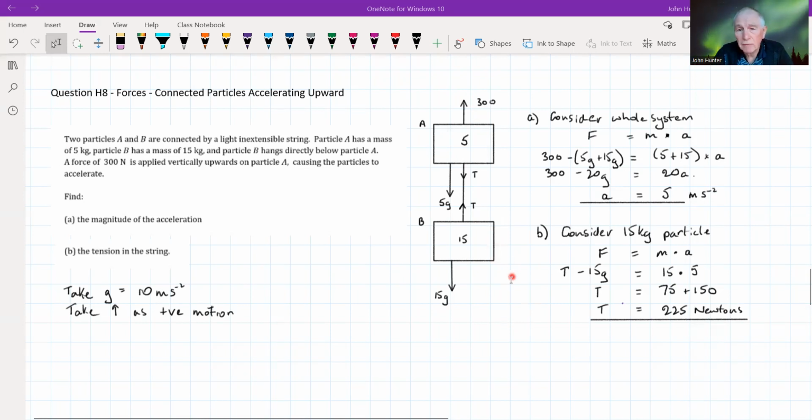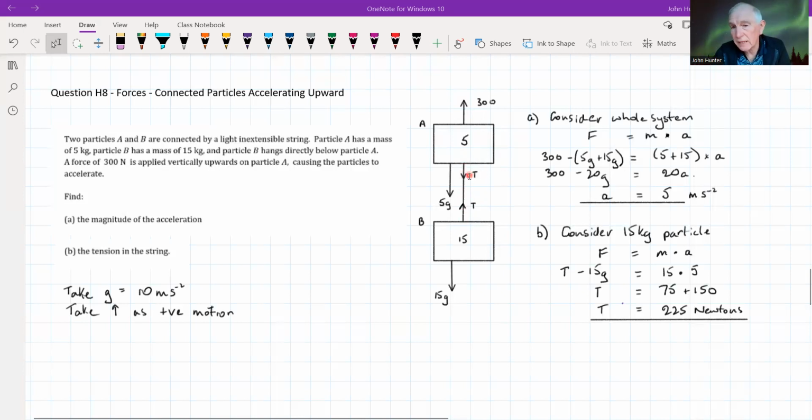The characteristic of these, of course, is that when they accelerate, because they are connected, they will accelerate at the same rate. So the first thing we're doing is pretending this whole thing is one particle. A and B together are one particle, and as such, we're not actually interested in interconnecting pieces.